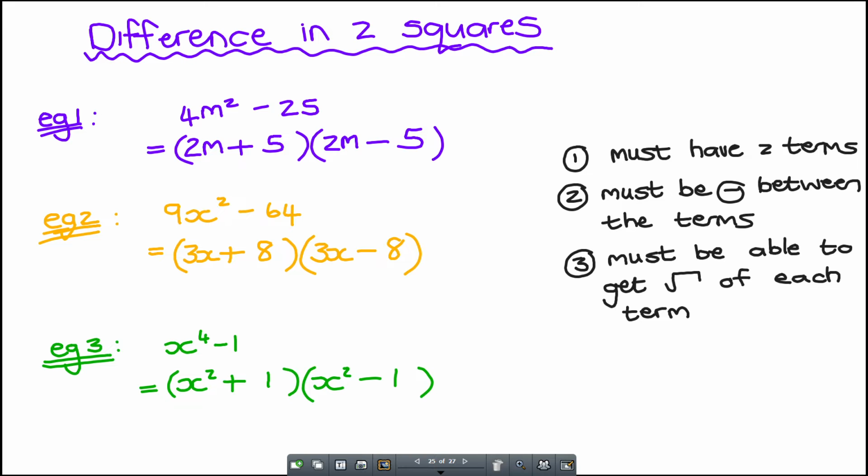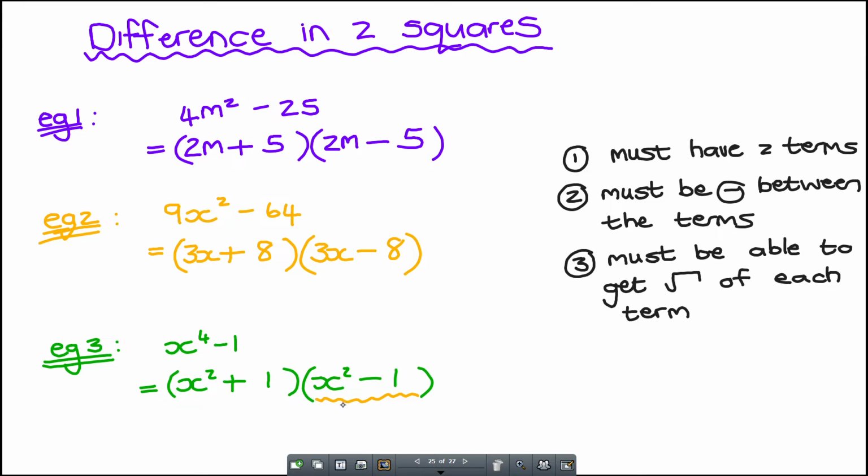What do you see? What can we simplify? Have a look at that one. If I gave you that separately, x squared minus 1, would you be able to factorize it? Because there's two terms. There's a minus in between.